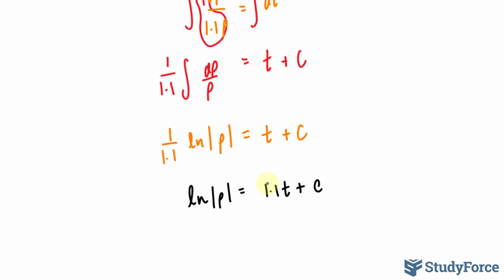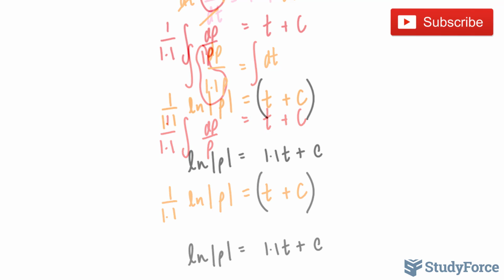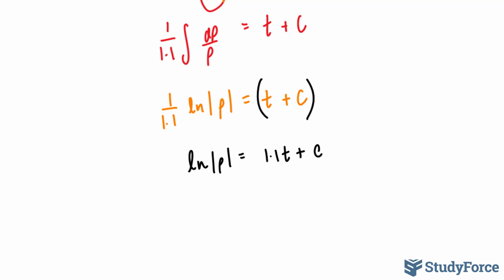I mean, aren't I multiplying this whole expression by 1.1? Well, it turns out that you don't need to put a coefficient in front of the c, because had we done this step earlier, let's say we had placed this 1.1 here and then integrated, we would have ended up with 1.1 times t plus an arbitrary constant c anyway. So that doesn't matter in this particular case.